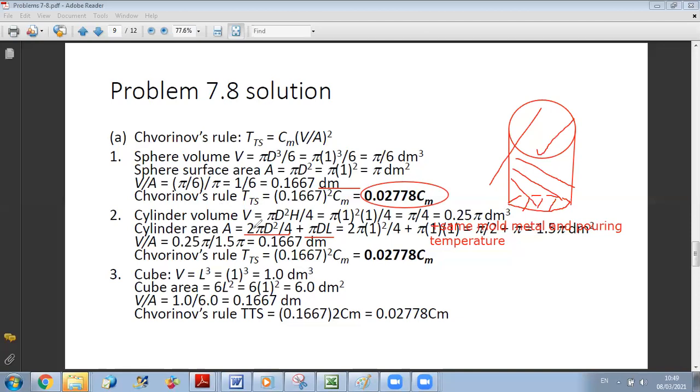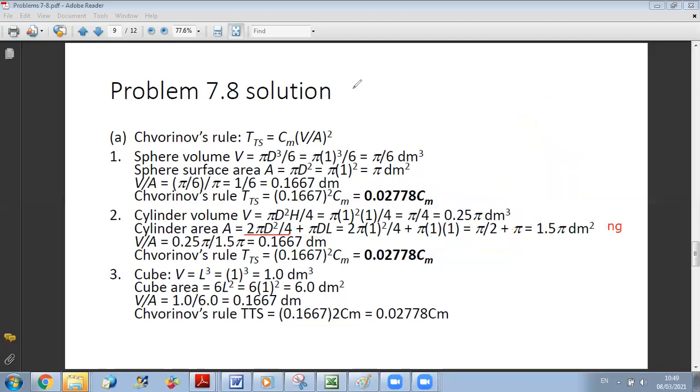Once you calculate V and A, you can find the ratio, and we will see that we obtain a similar solidification time. So until here, these two are similar in total solidification time. But if you want to select between them, we will choose the lower volume, which is the volume of the sphere. So until now, I will select the sphere.